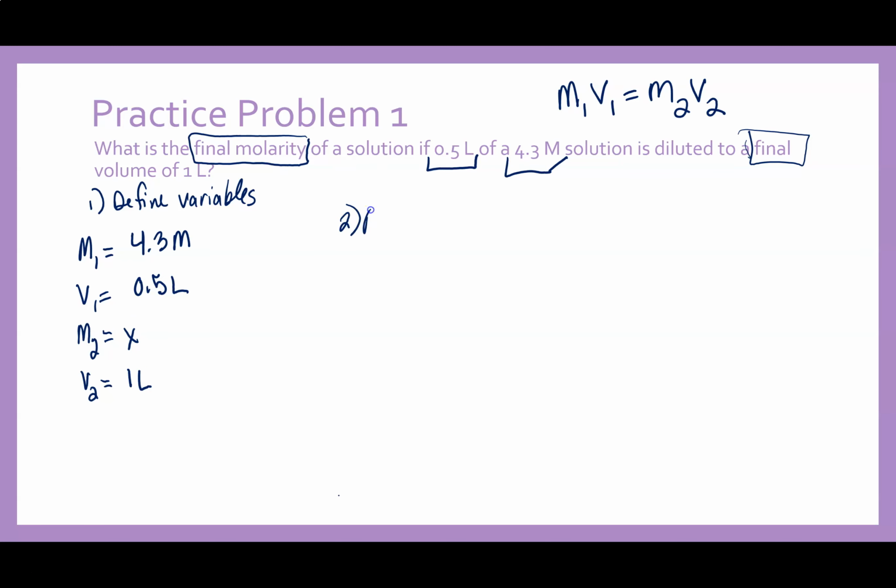Step 2 is going to be to plug and chug. I'm going to plug in my initial molarity times my initial volume. Again, if these are in the right units, we don't have to do anything to them before we do our math.